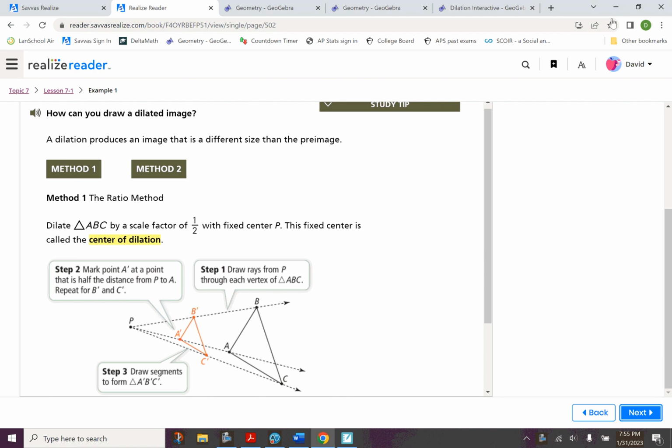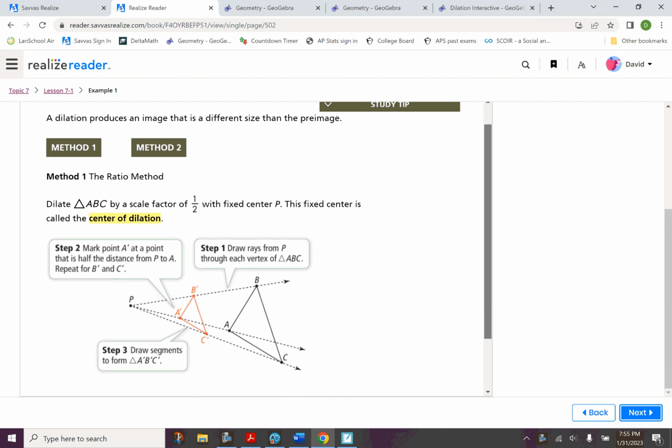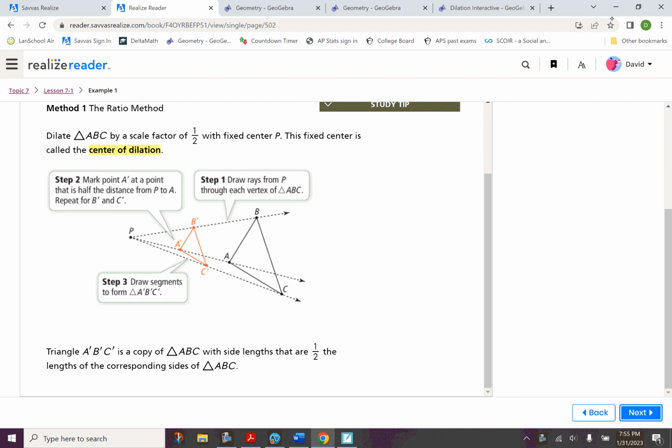Now they're saying here the scale factor is 1/2 at point P. So, well, 1/2, all we'd have to do is look at segment PB and find the midpoint, measure half of that distance, and that's the location of B prime. Do that for all of them. Every vertex point, play connect the dots.